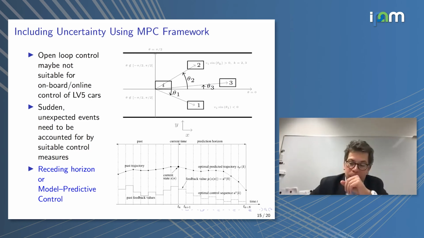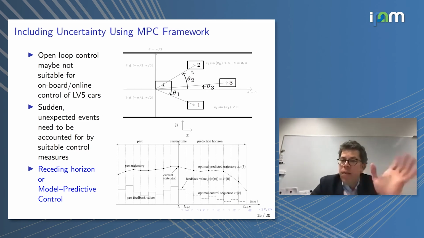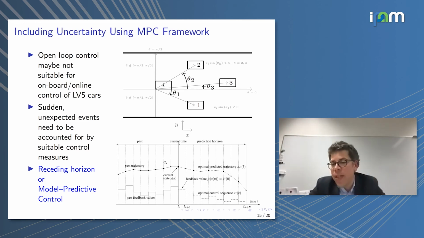And probably most of you are familiar with this concept of model predictive control. So you have a car and this observes some unforeseen things and then has to decide if it turns to 1 or 2 or 3. And it would do that in the following way.